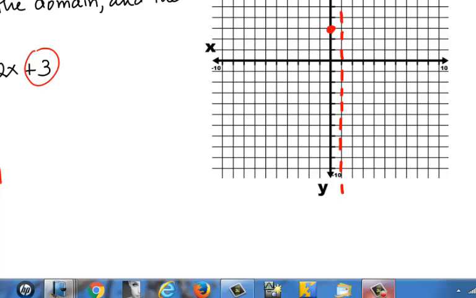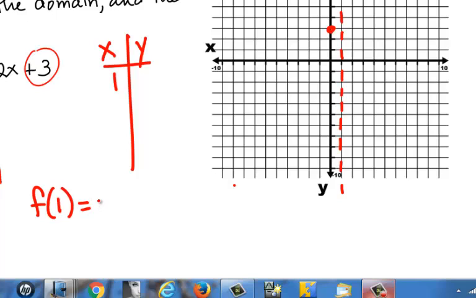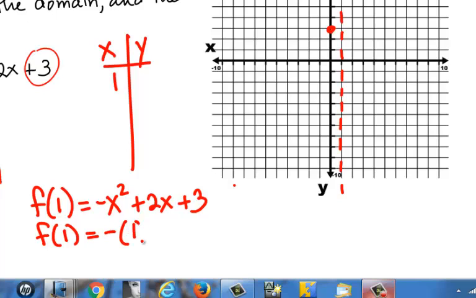Okay, let's figure the vertex point. I know that the vertex has to be on the axis of symmetry. So if x is 1, take your beginning equation and put in 1. Be careful with the signs.